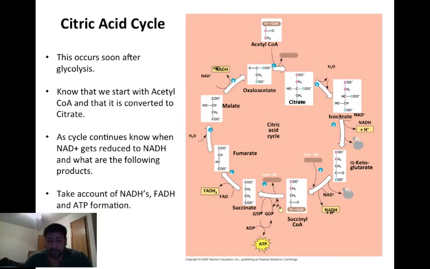So there is a small process that I want you to know and be able to explain from your book, where pyruvate undergoes a molecular rearrangement, and it basically becomes acetyl-CoA, and it is acetyl-CoA that is then able to go into the mitochondria and be the initial product to jumpstart and go through the citric acid cycle.